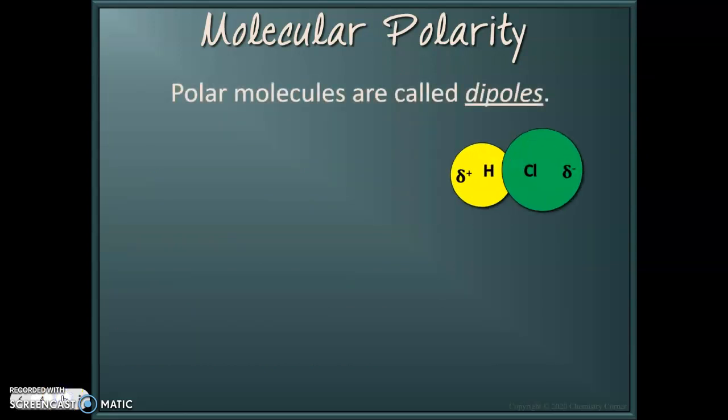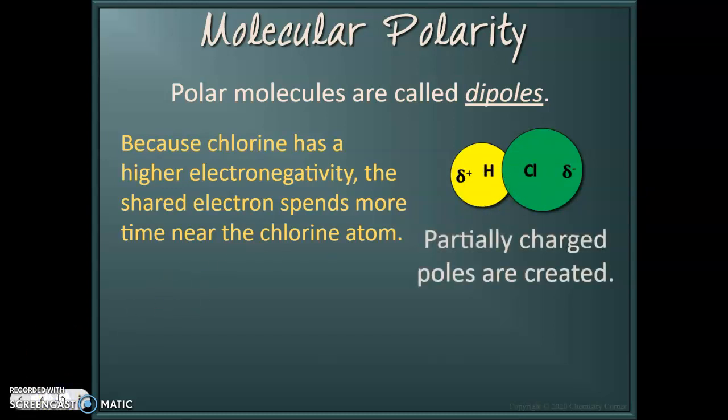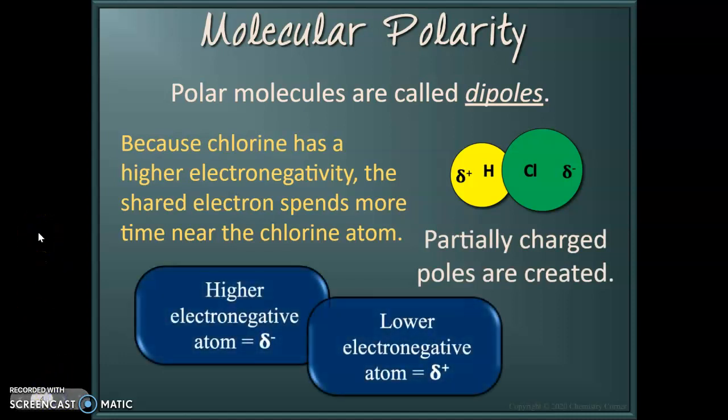Polar molecules are called dipoles, and an example here is hydrogen chloride. We've got our hydrogen atom and our chlorine atom. And here is what we mean by polarity. If a molecule is polar, one of these atoms is going to have a higher affinity for those electrons.